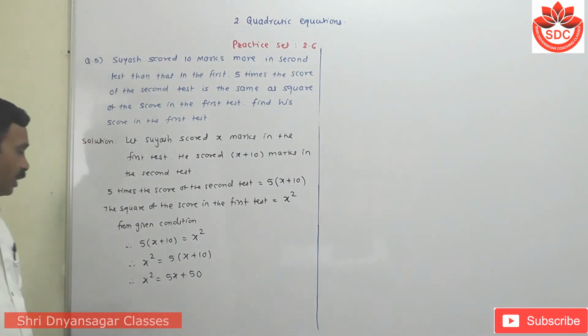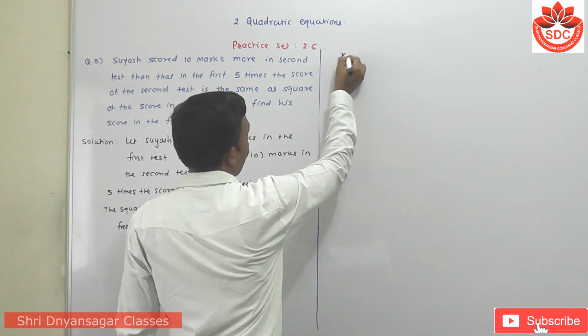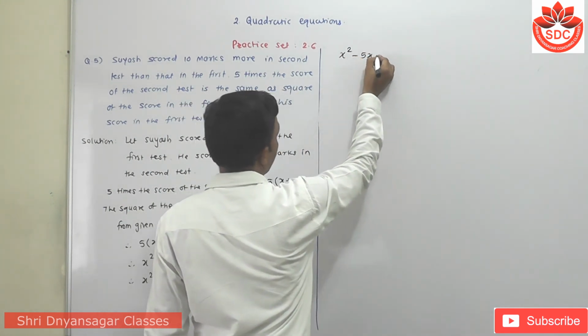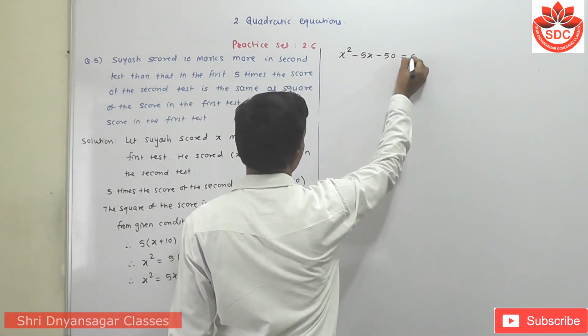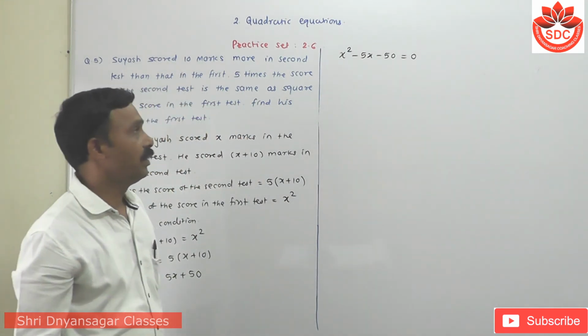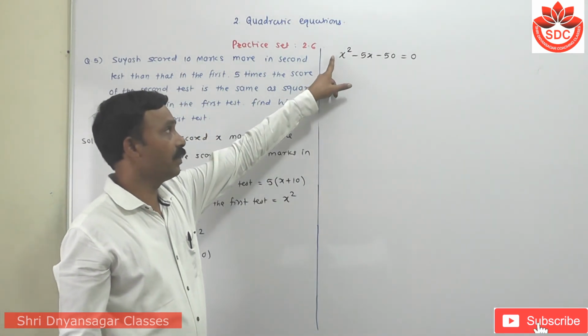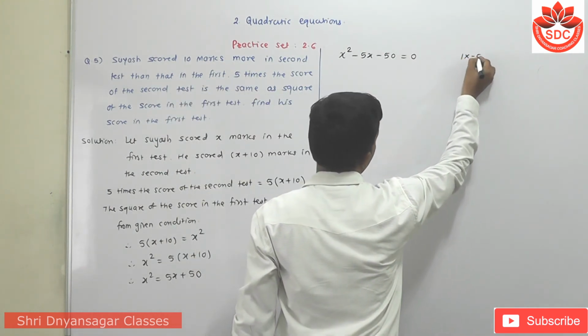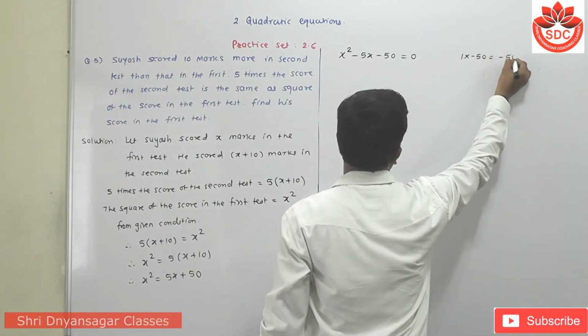Then transposing to the other side, we get x square minus 5x minus 50 is equal to 0. This is a quadratic equation. A is 1 and c is minus 50. The product is 1 into minus 50, which is minus 50.